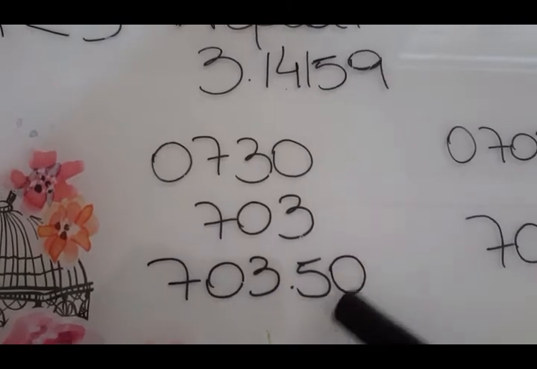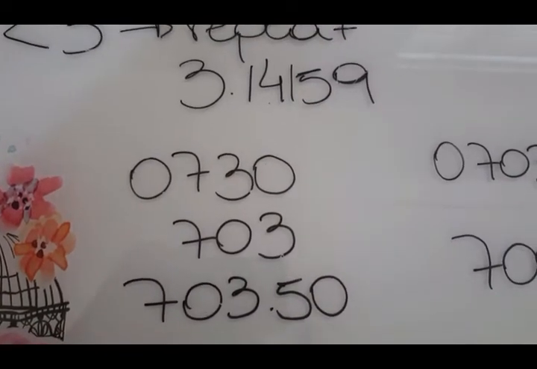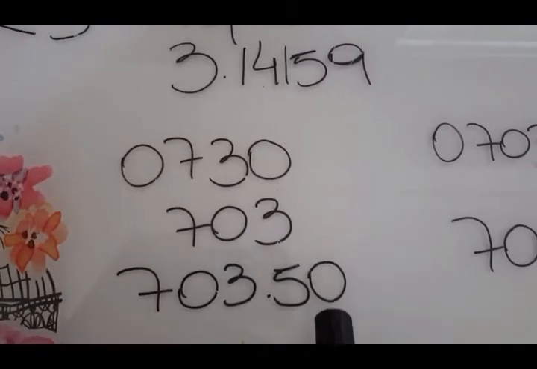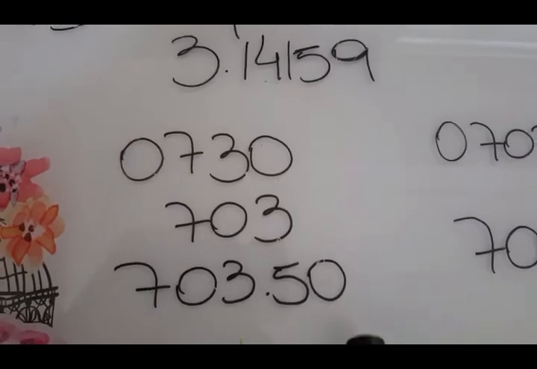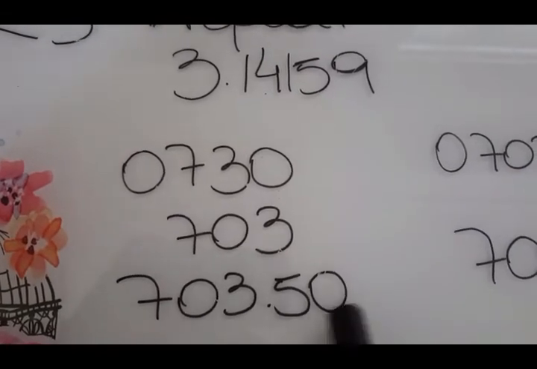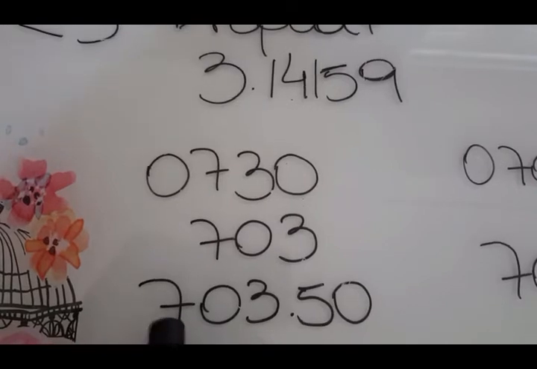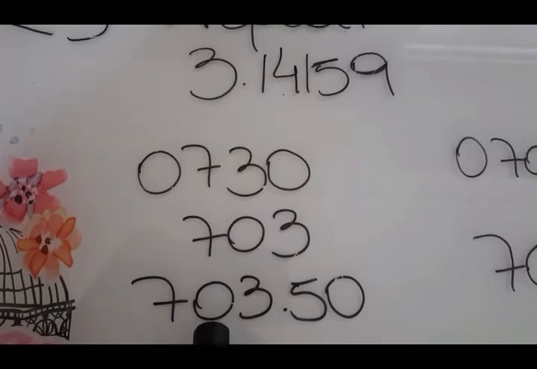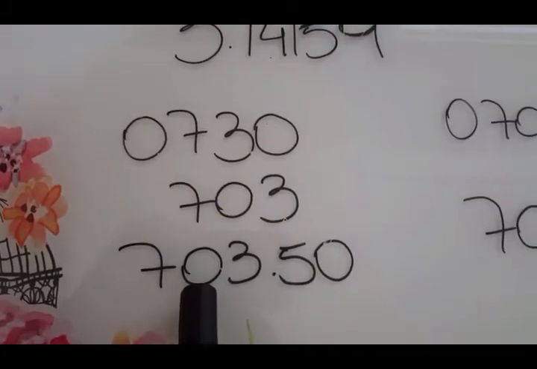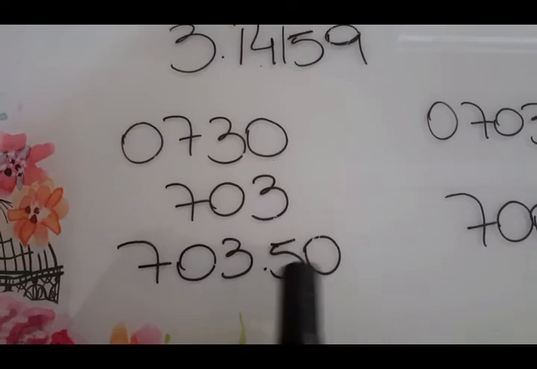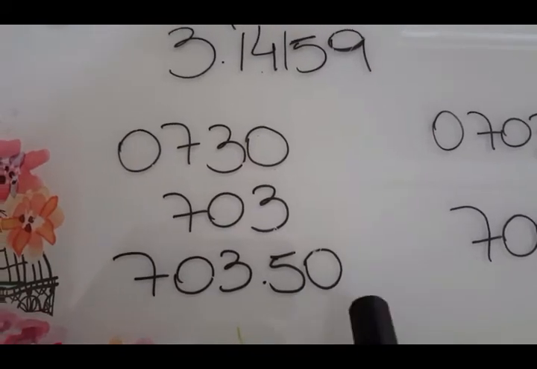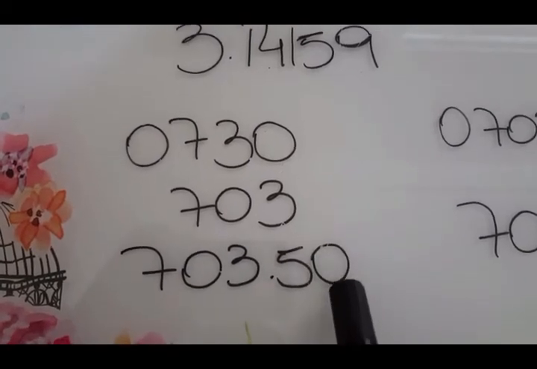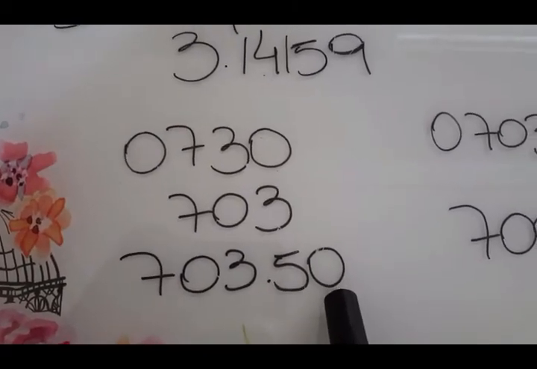The next situation that makes 0 a significant number is when 0 is the last decimal number. So in this case here, we have 7 significant, 3 significant, 0 in between, also significant. After the dot, we have 5 and 0. My last number is 0. So this is my significant number, 0.